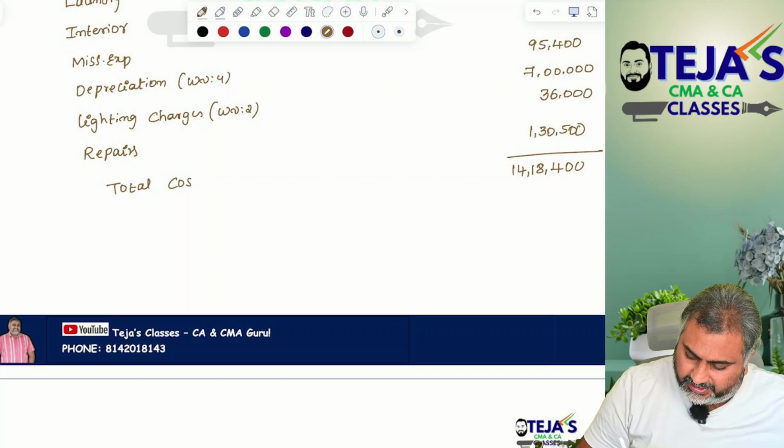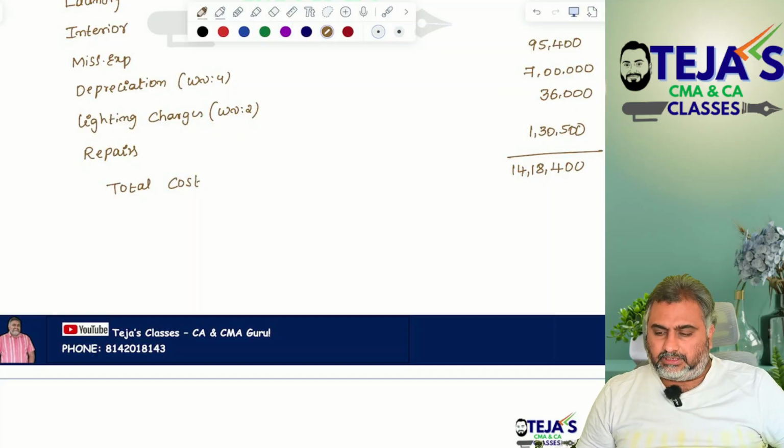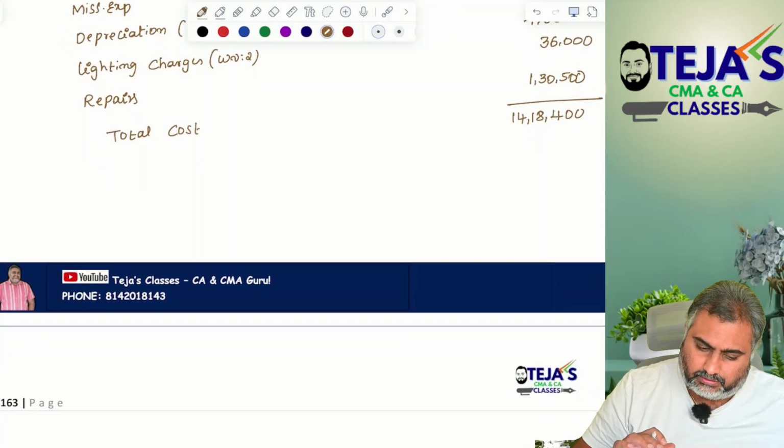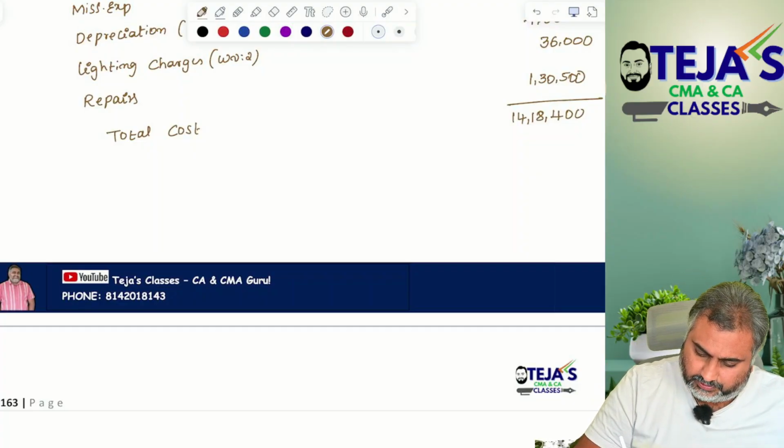And how much are they expecting as profit? 20% on rent. So now I can calculate the cost per room day.